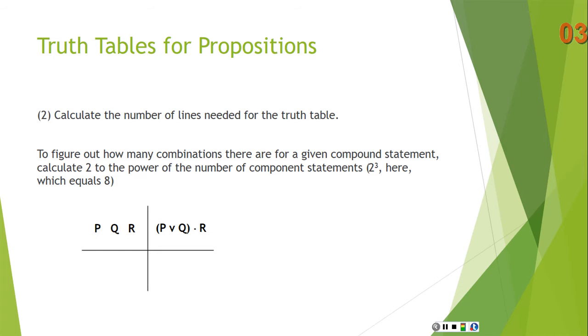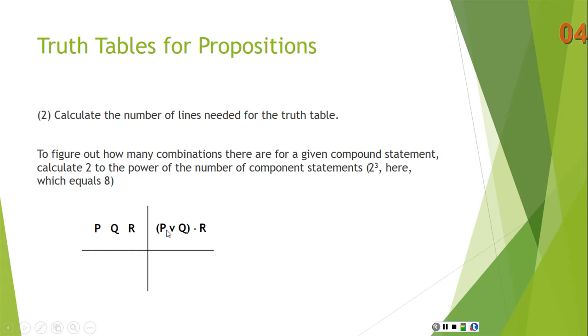Second, calculate the number of lines needed for the truth table. So the number of lines, meaning down here on the bottom left, how many lines of T's and F's do you need to fill out? To figure out how many combinations there are for a given compound statement, you need to calculate 2 to the power of the number of component statements.